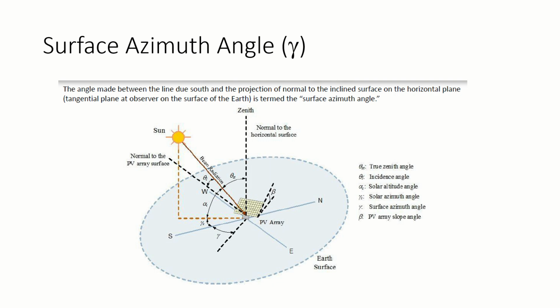Surface azimuth angle. It is the angle made by the line due south and the projection of the normal to the inclined surface on the horizontal plane. As you can see in the figure, the line normal to the PV array surface with respect to the normal to the horizontal surface or the zenith, we can find the surface azimuth angle.